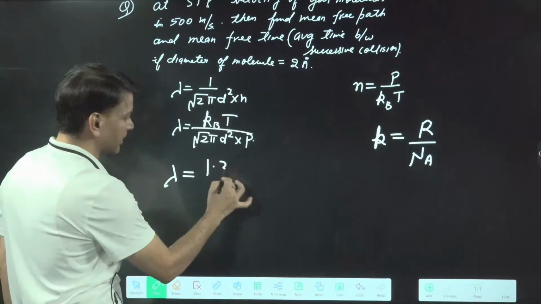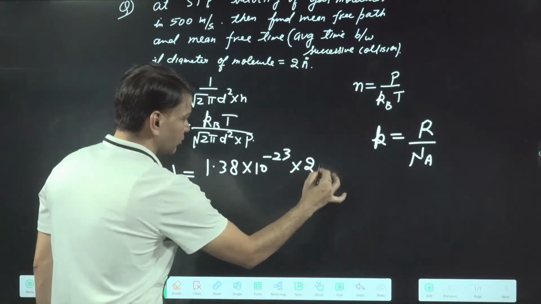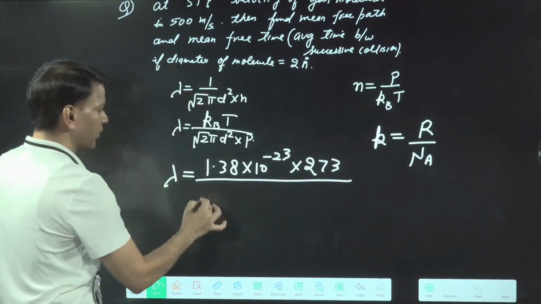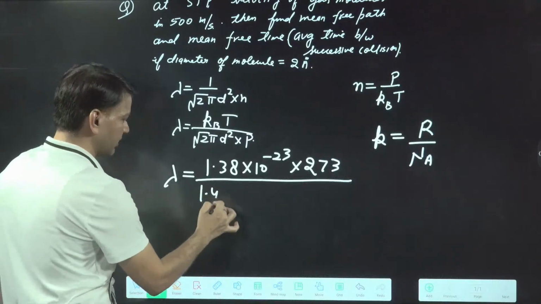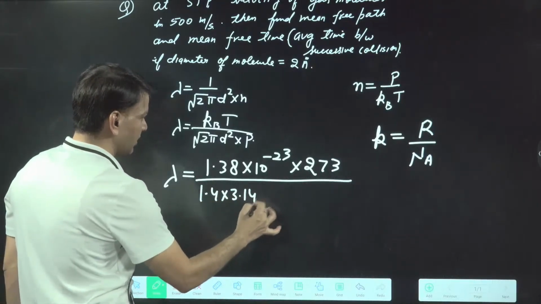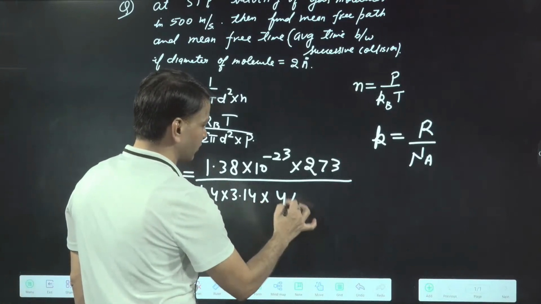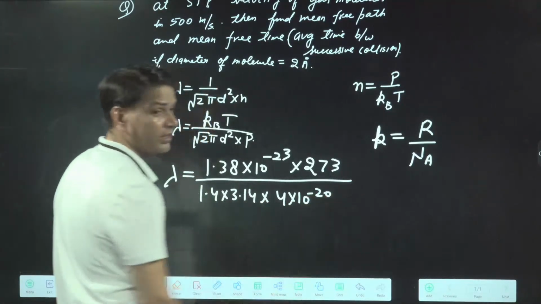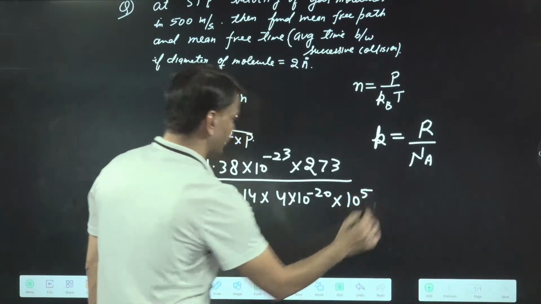So this is 1.38 into 10 to the power minus 23, temperature is 273, upon under root 2, 1.4 you can write, pi is 3.14, into d square, meaning diameter 2 angstrom, means 4 into 10 to the power minus 20, into pressure I can take 10 to the power 5.